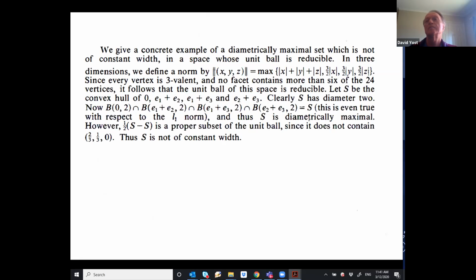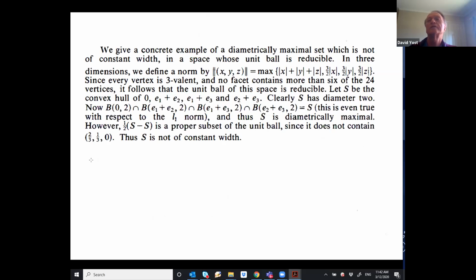I don't get any more points, I don't get any less. And that shows that this set is diametrally maximal. But if I calculate the difference set, it's not a ball. It's a proper subset of the unit ball because it doesn't contain this point. So in general, a diametrally maximal set does not have to be of constant width.